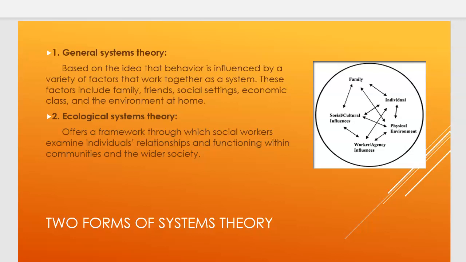So this presentation looks at two forms of systems theory. The first is general systems theory, and that's based on the idea that behavior is influenced by a variety of factors that work together as a system. Think about the environment.